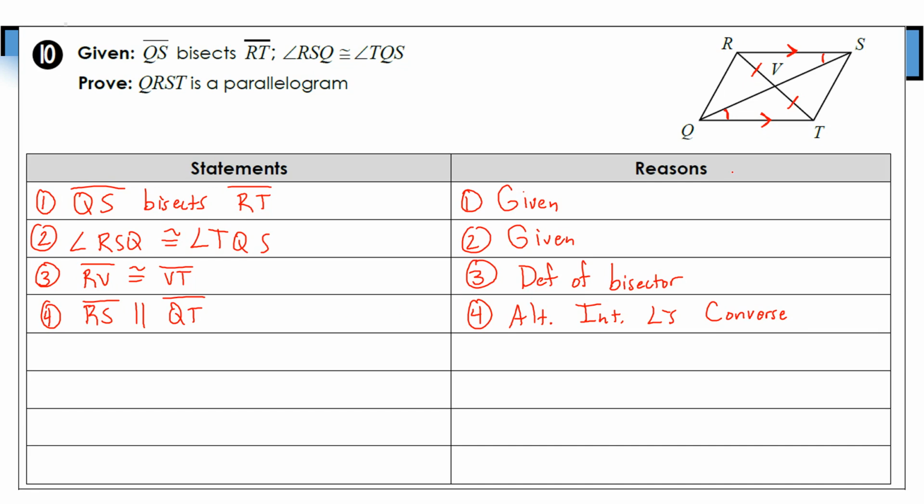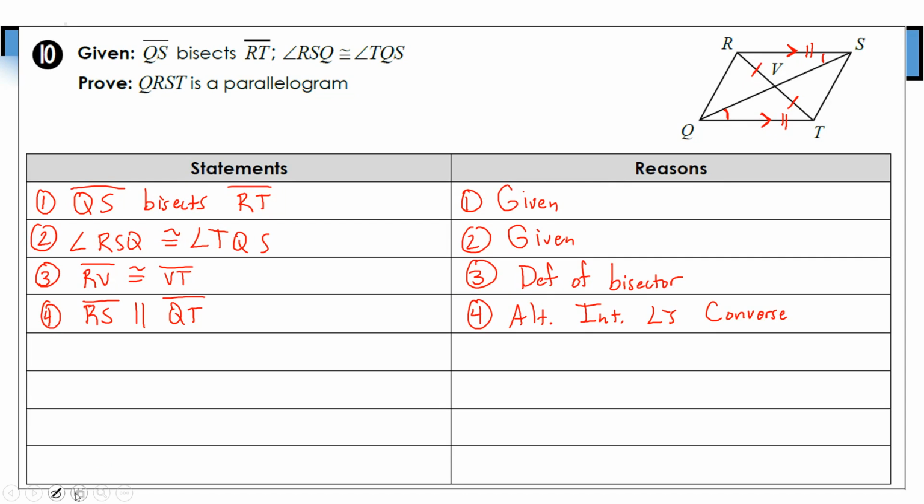Now we need to see what approach we're going to take to prove that this is a parallelogram. Well, I noticed that we have one pair of parallel sides. It would be wonderful if we could prove that we have two pairs of parallel sides, but there's not a lot of information that we can use to help us prove that RQ is parallel to ST. However, another option, if we can somehow prove that RS and QT are also congruent to one another, we could prove that this is in fact a parallelogram.